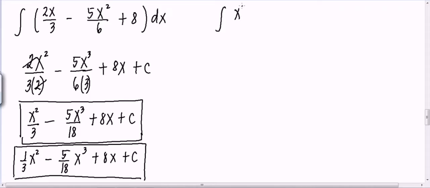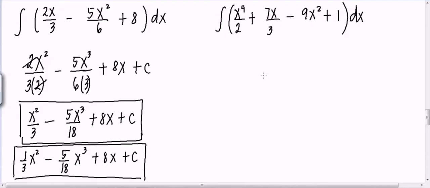the integral of x raised to 4 over 2 plus 7x over 3 minus 9x squared plus 1 dx. Okay?